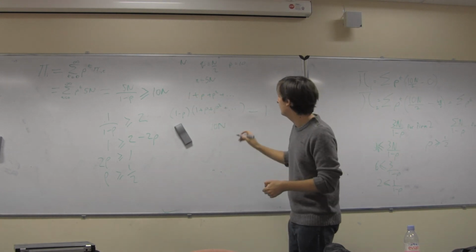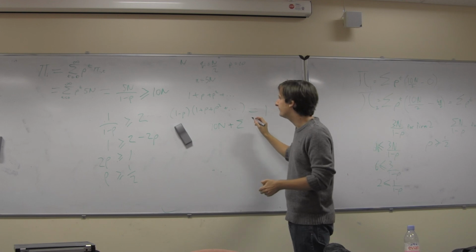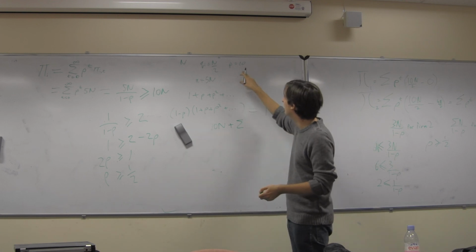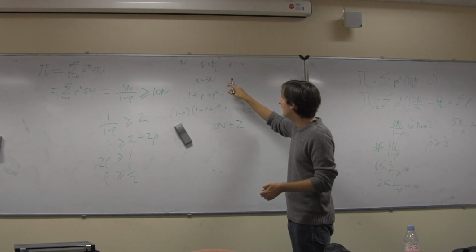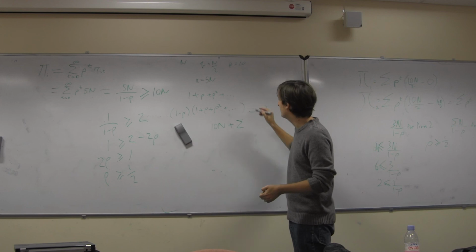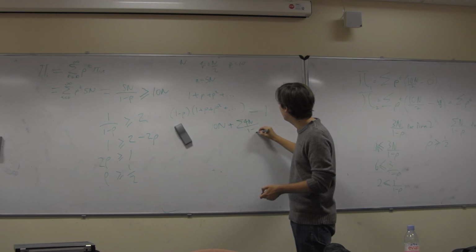So in future periods, he's going to get the whole market. So he's going to get n times 3.99. Yeah, so 4n over 1 minus rho.